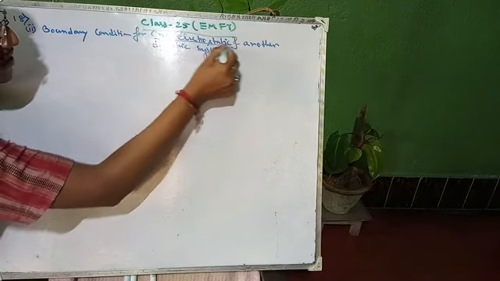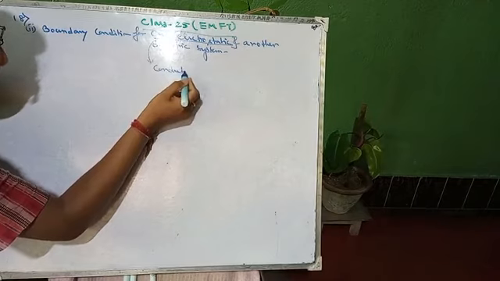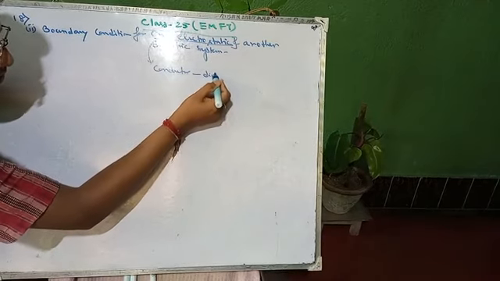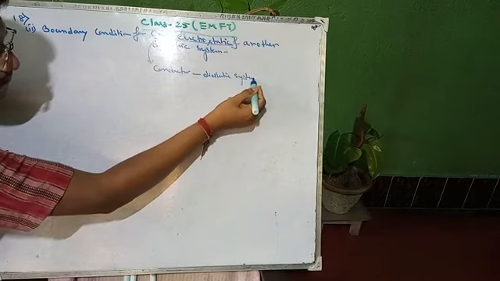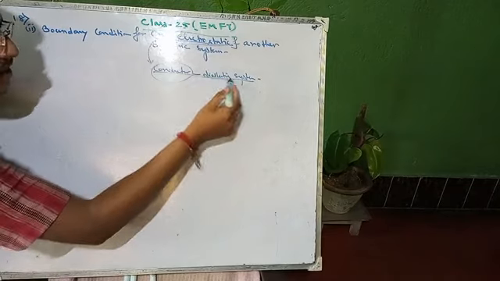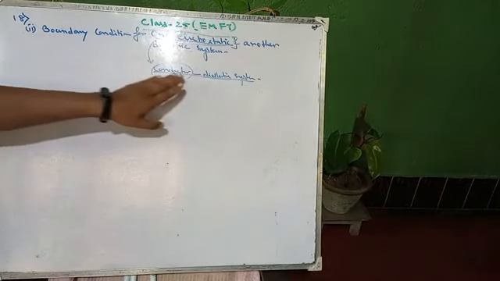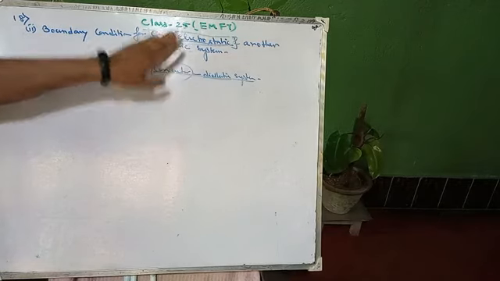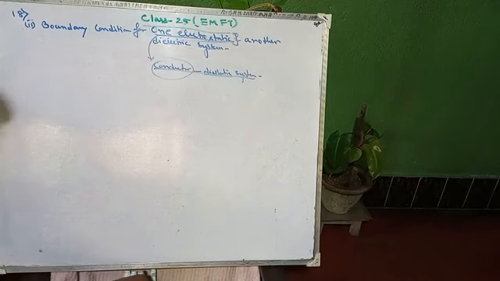Sometimes it can be called a conductor dielectric system, because the conductor can be treated as an electrostatic system and the other one is simply a dielectric. So this type of statement or question can also be asked instead of one electrostatic and another dielectric.